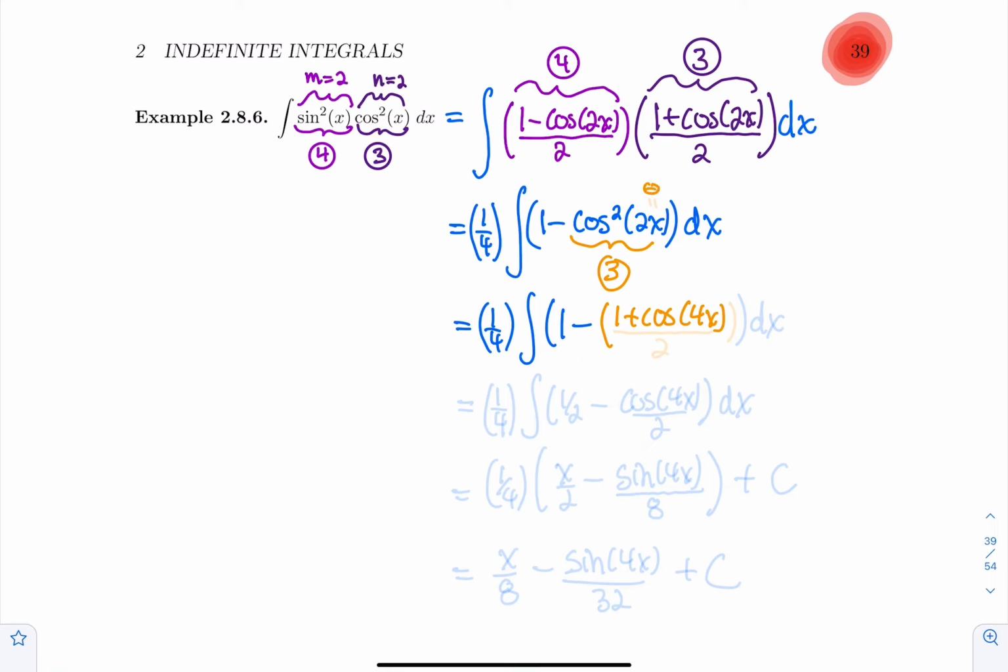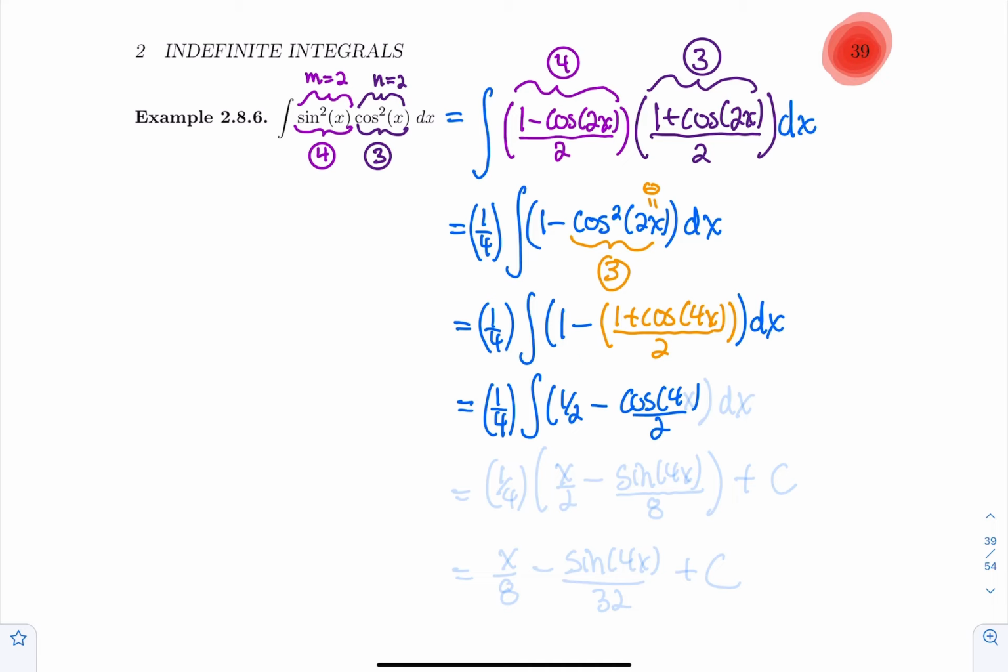So if your theta now is 2x, it's going to become 2 times 2x, which is 4x, over 2. dx. A little bit of simplification here. If you remove the brackets, you're going to get 1 minus 1/2 minus cos of 4x over 2. You simplify the 1 minus 1/2 and just get 1/2 minus cos of 4x over 2.